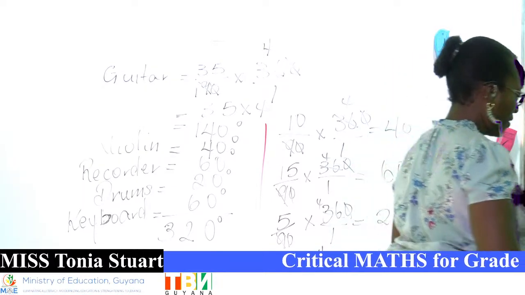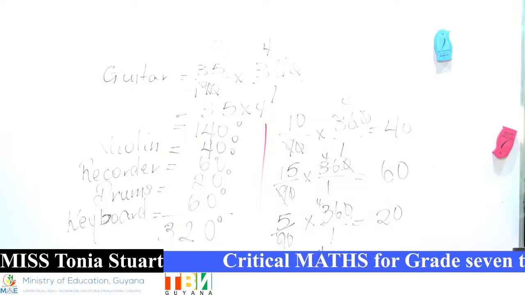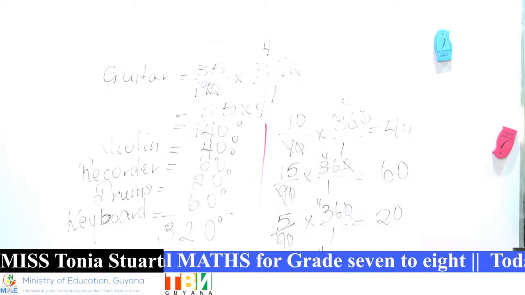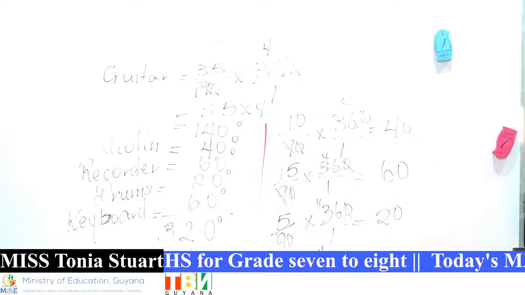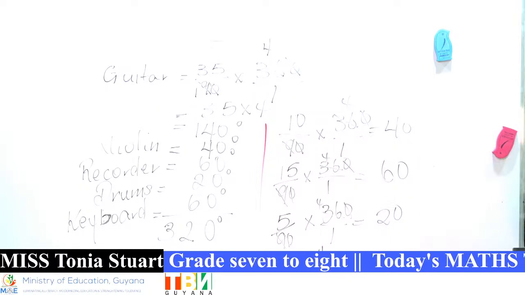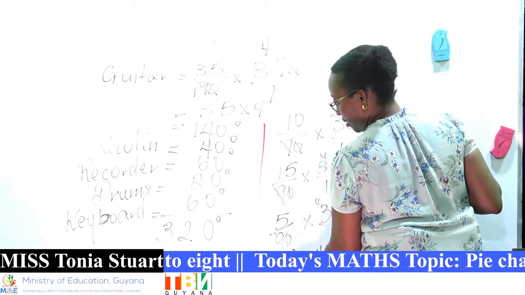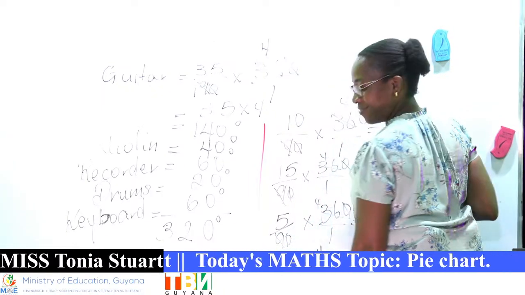Great. So what happened there? 40, 60, 20, 60. So you're short, right? You're short because the keyboard is actually 25.